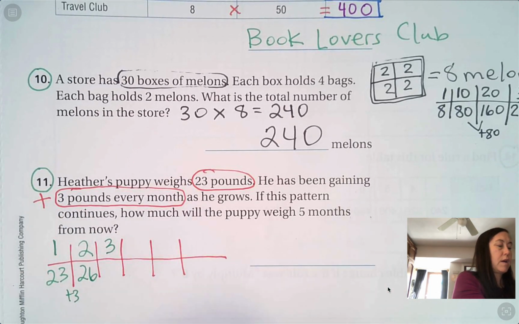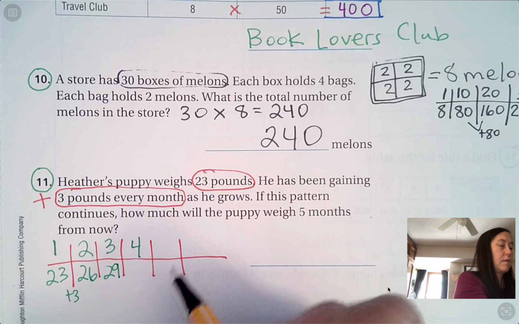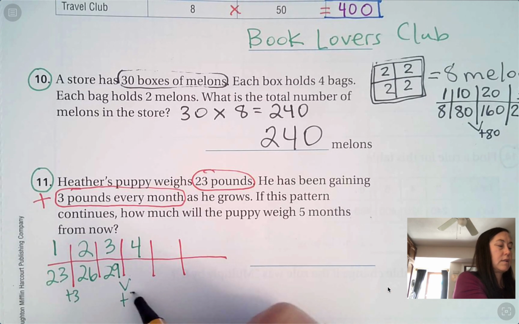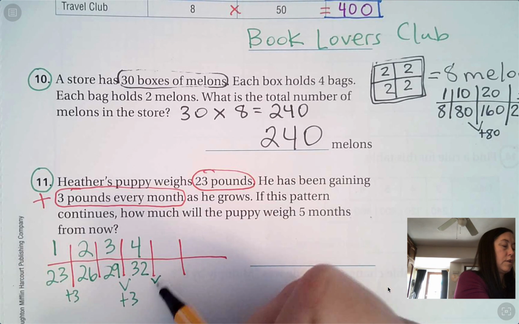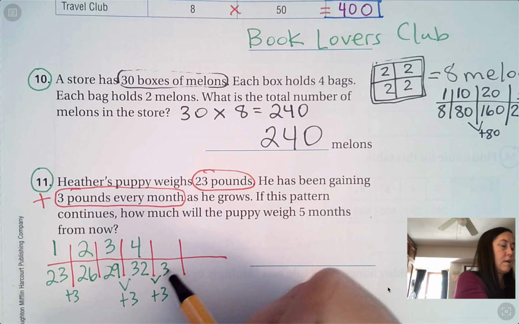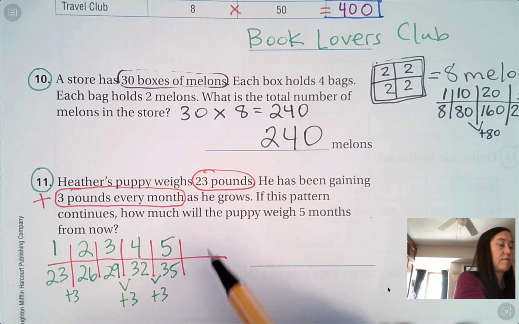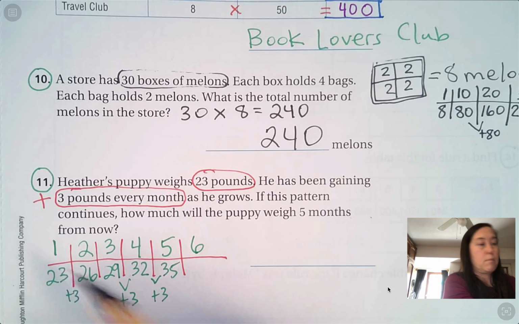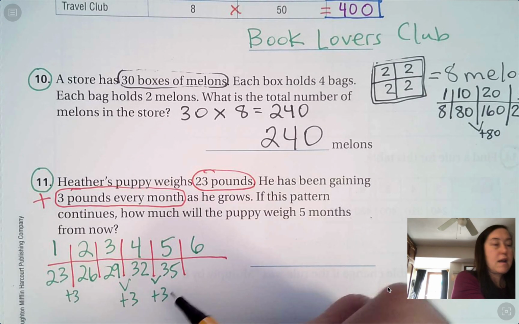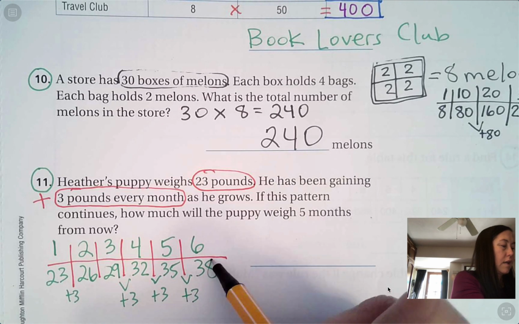The third month, 29. Fourth month, 29 plus 3, 32. 32 plus 3 is 35. 1, 2, 3, 4. I think you have to go to the 6th month because the first month was the first month, right? So 35 plus 3 is 38.